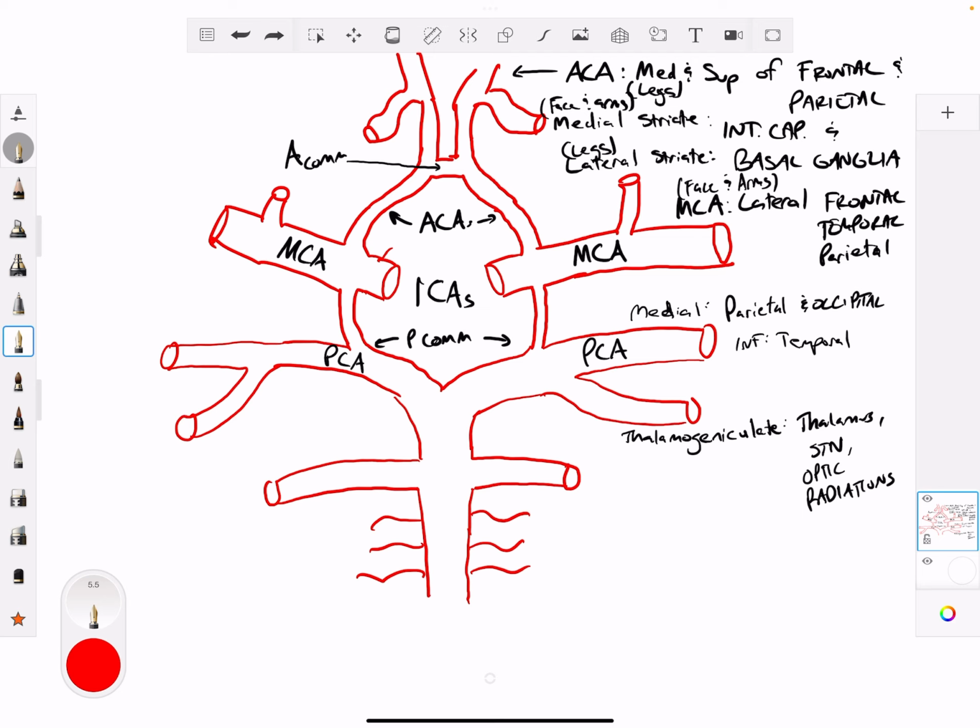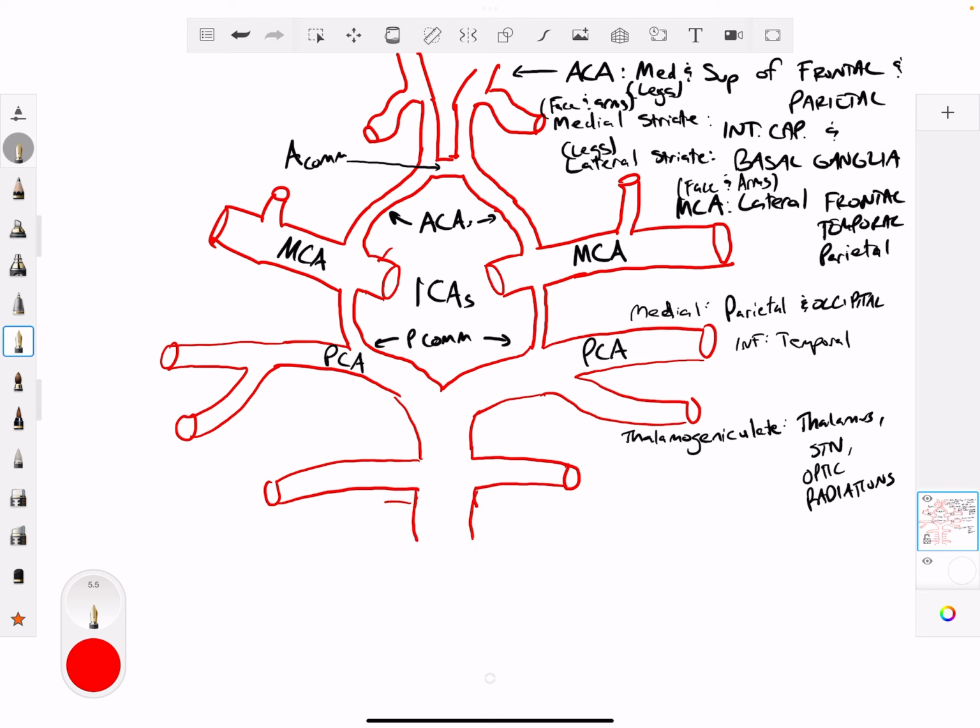Nah, that'll look weird. We'll continue on down. We'll get the anterior inferior cerebellar artery. Little vertebral down here. You know what? I want a little more space. I'm going to travel back in time. All right. And we're back.